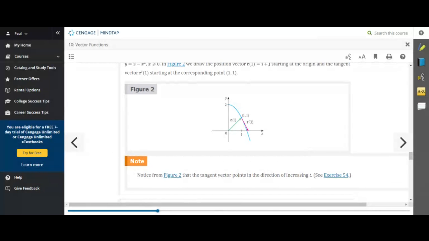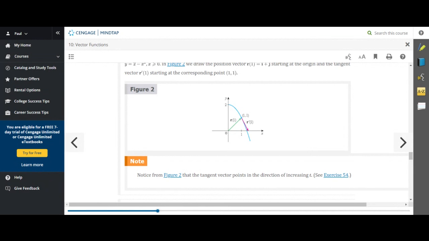There's the figure right there. So there's the space curve, in blue. There's the position vector r1, and then there's the tangent vector r prime of 1. So naturally, the derivative vector is tangent to the space curve.